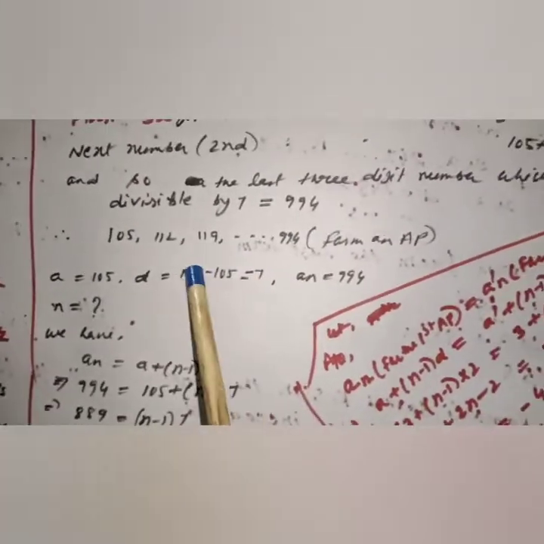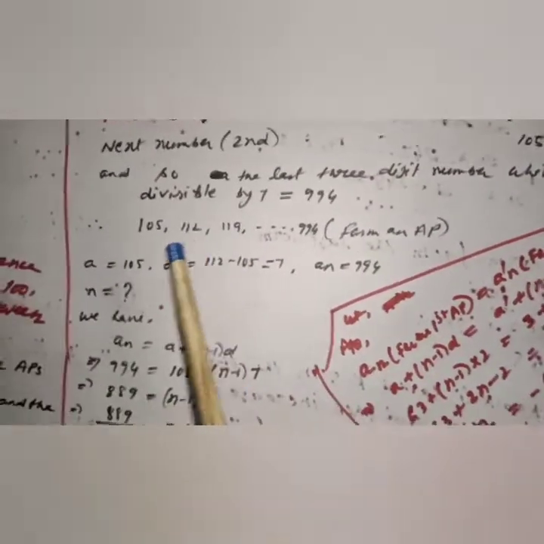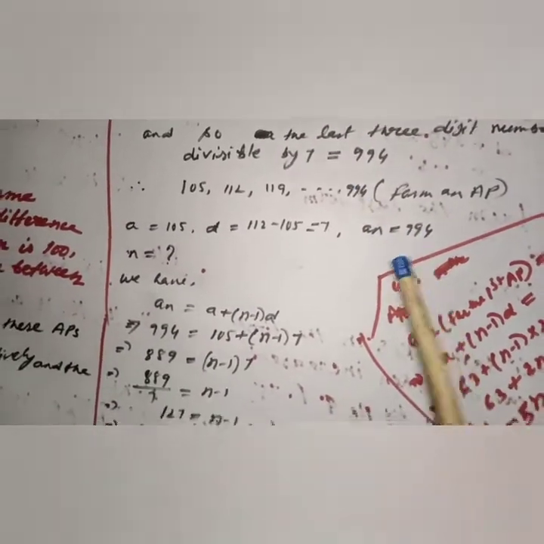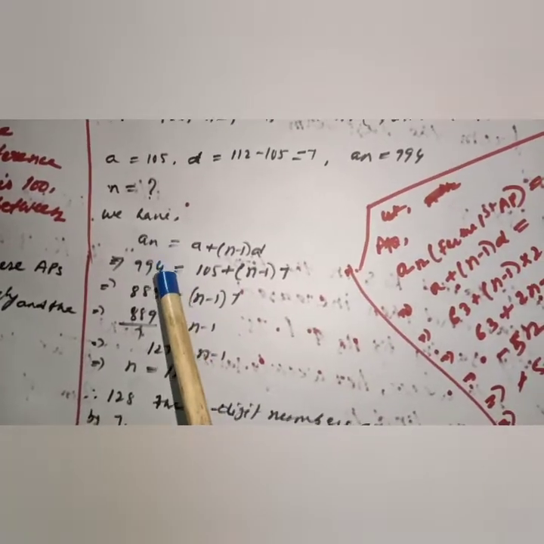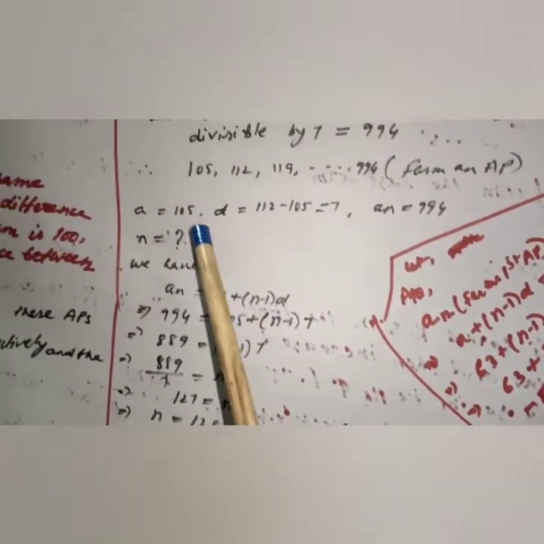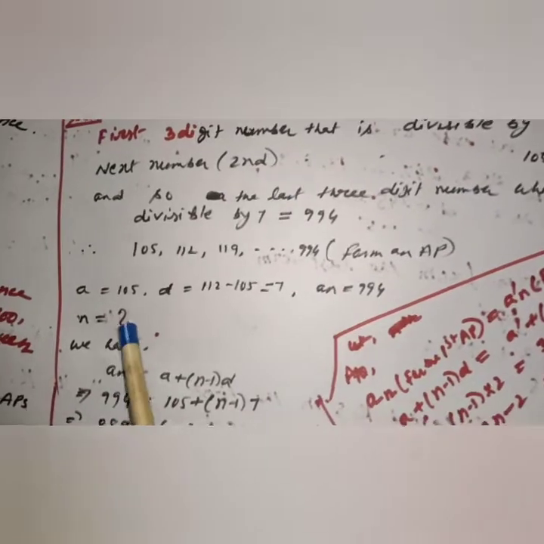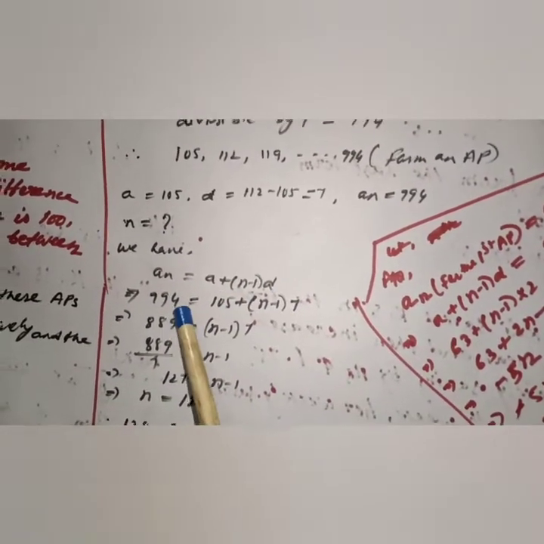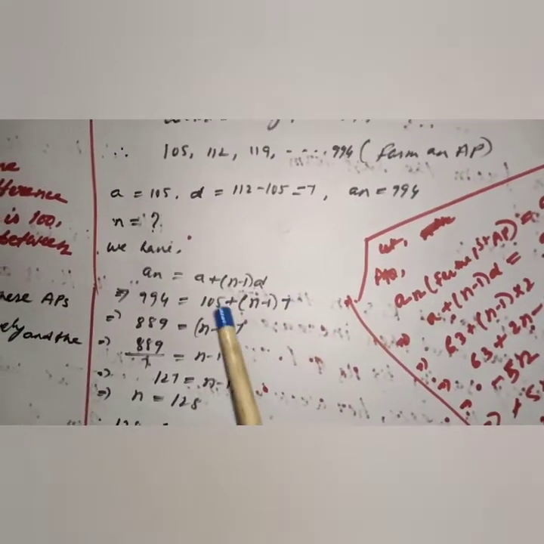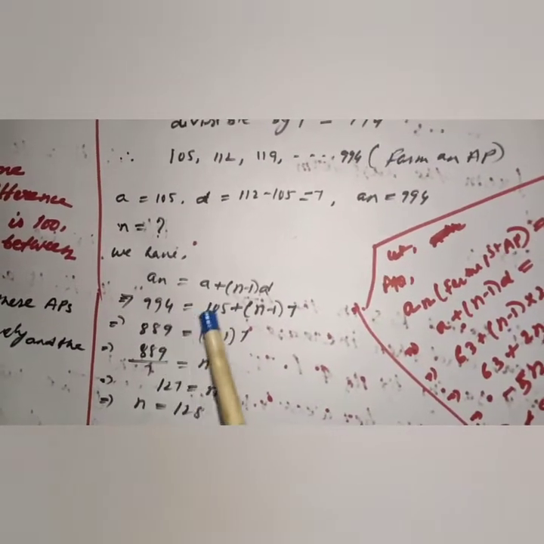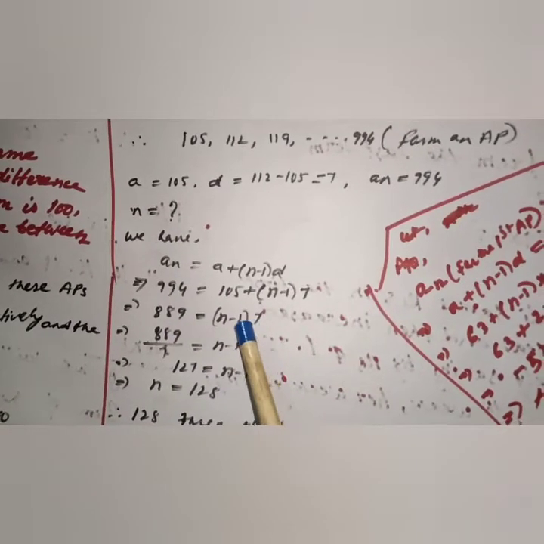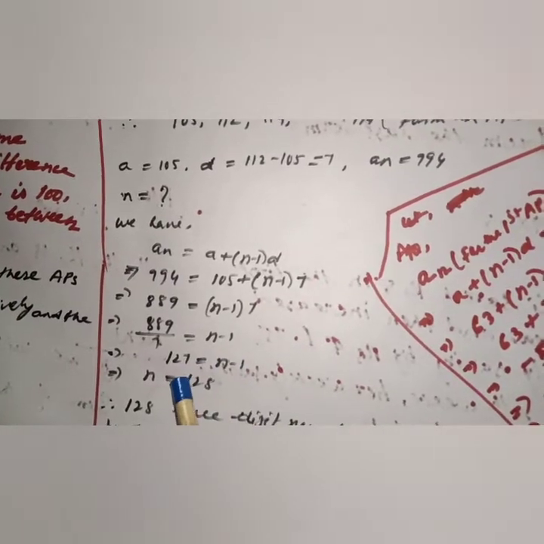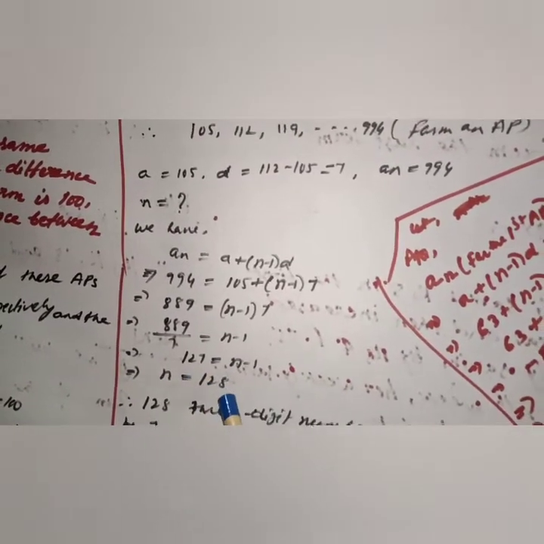And this is an AP, you can check, because it has common difference 7. So A is 105, D is 7, and the last term is 994. Here we have to find the number of terms, N. So we have the same formula: the nth term is A plus N minus 1 into D. Put the values: 994 minus 105 is 889, divide 889 by 7, that is 127, now transfer the minus 1 to the other side, and you will get N equal to 128.